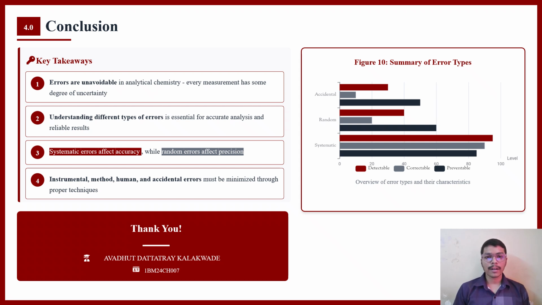Instrumental, method, human, and accidental errors must be minimized using proper analytical techniques and careful laboratory practices. Finally, figure 10, summary of error types, provides an overall summary of systematic, random, and accidental errors along with their characteristics and effect on analytical measurements.